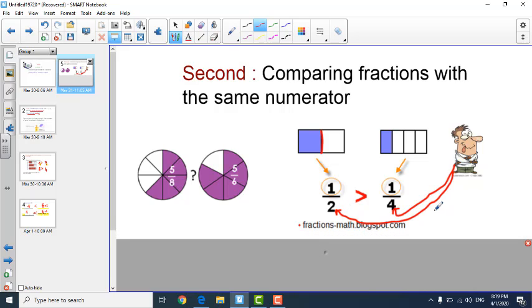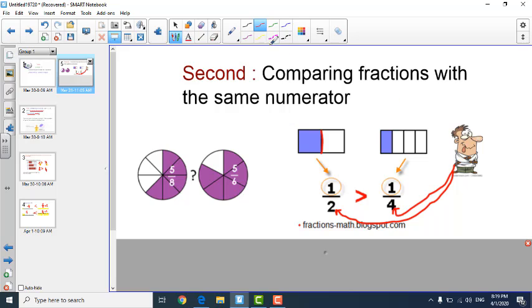Okay, what does this crazy man do? He makes the whole fraction big if the denominator is small, and makes the whole fraction small if the denominator is big. How?